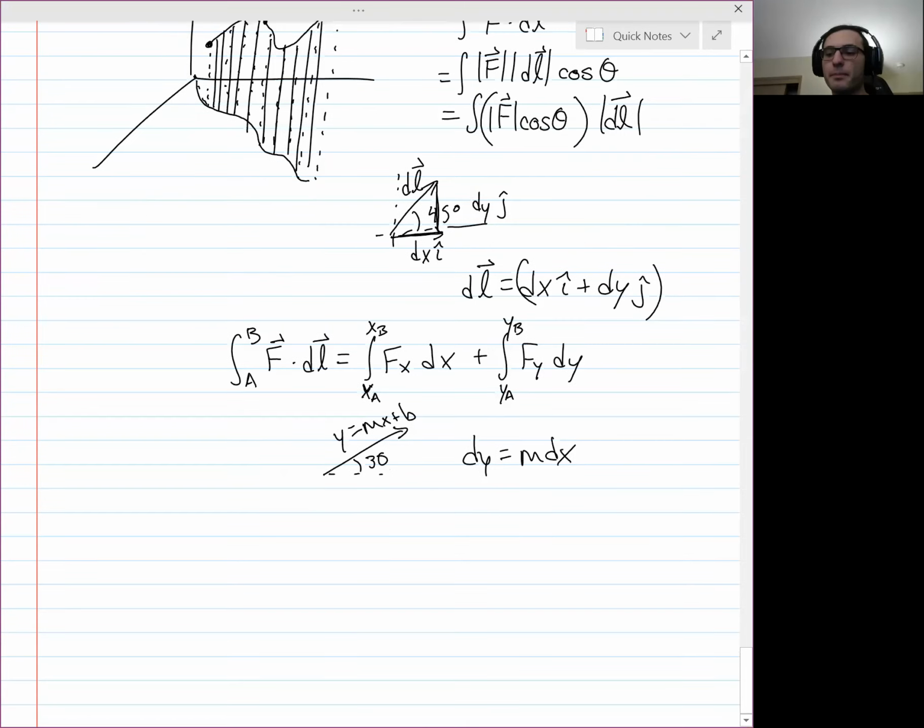And so your dl, whatever that m is, your dl would just be, for example, dx in the i hat direction plus m dx in the j hat direction. Because this is the amount that your vector raises in the vertical direction as a function of the horizontal direction.